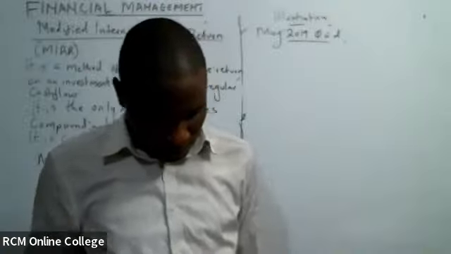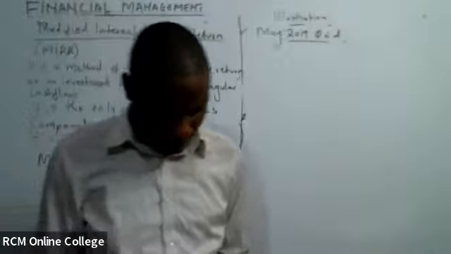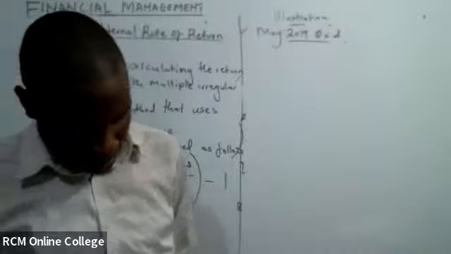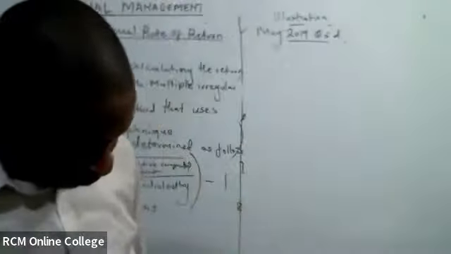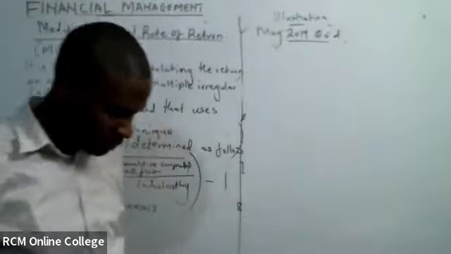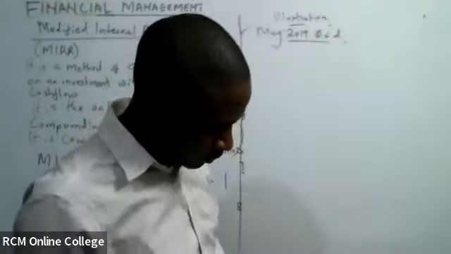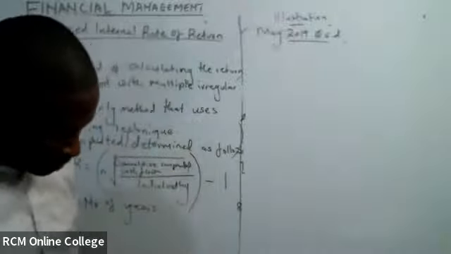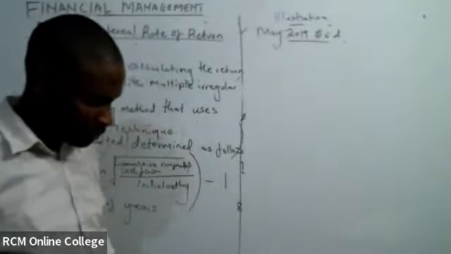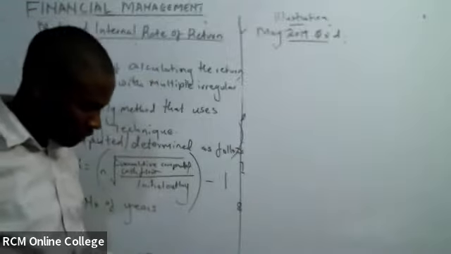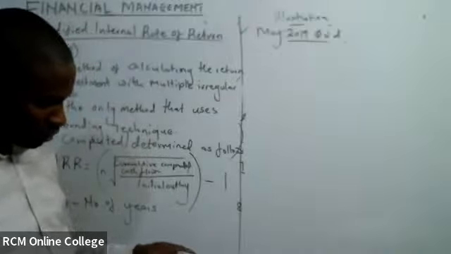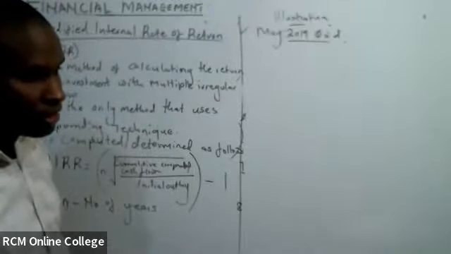The company intends to invest 300,000 in a project that has a useful economic life of 4 years. The following are the expected cash flows, years 1 to 4: 140, 120, 80, and 60. The company's required rate of return is 14%. You are required to come up with the modified internal rate of return.